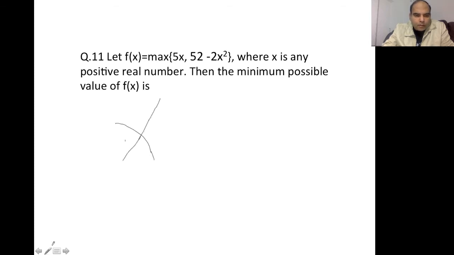As I said, the graph of f(x) will be traveling on the quadratic before the intersection point and on the straight line after the intersection point. So the minimum possible value of f(x) is going to be at the lowest point of this red line, and that's going to essentially happen at the intersection point.